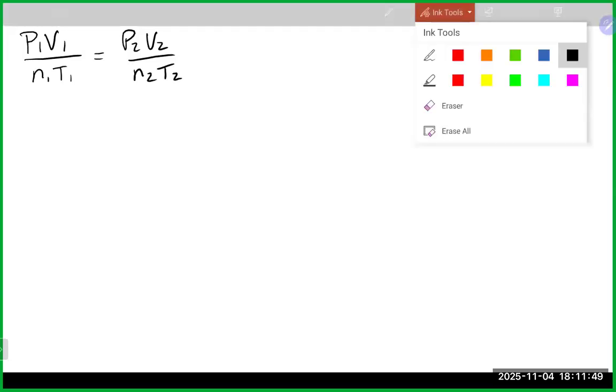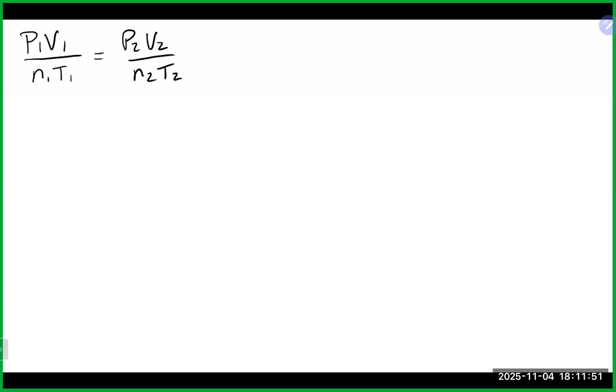So, for example, if you take P1, V1, and if you want to remember it with the moles in there, you can. P1V1 over N1T1 equals P2V2 over N2T2. So why would this be a really good one to remember? It's a good one to remember because, frankly, you could pretty much get all the other gas laws we talked about from this one.